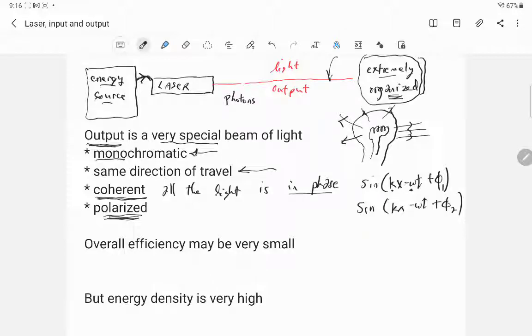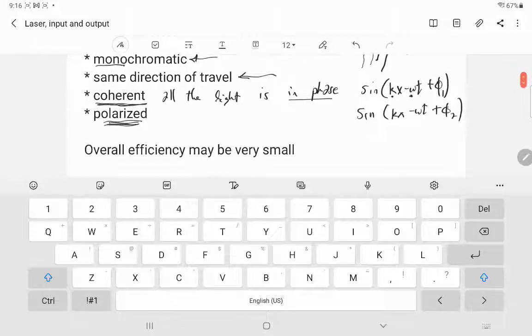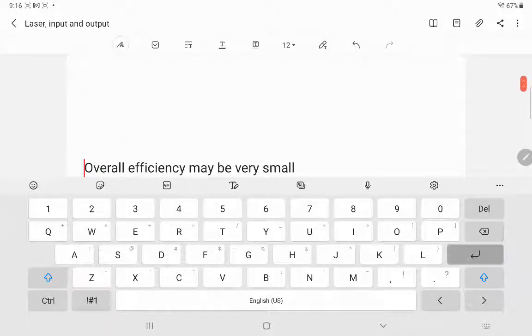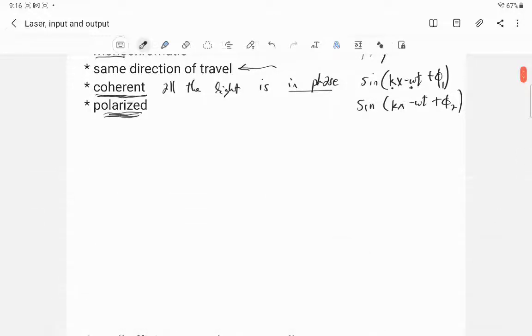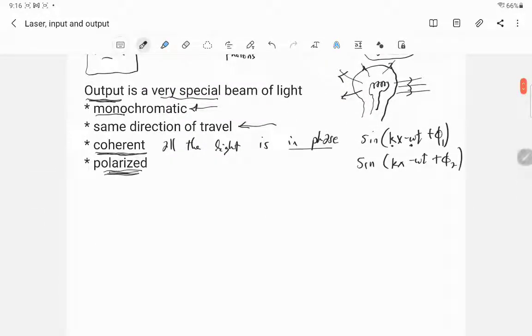Polarized refers to something about the light itself. So let me describe light polarization for a second. Let me do this a little bit neater and give myself some space. Okay, so polarization. You know that the electric field is space and time dependent for a light wave, right? This is the wave description of light.